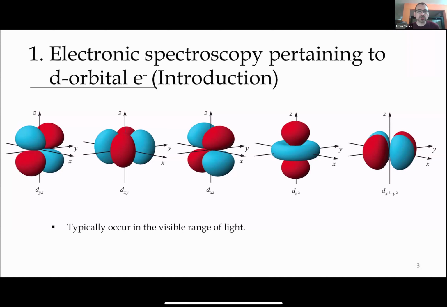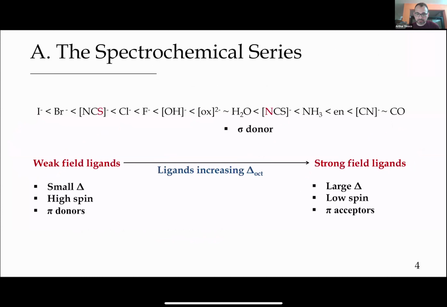And so when we focus on excitations of electrons from a lower energy d orbital to a higher energy d orbital, these type of transitions tend to be in the actual visible range of light. So this is something that we can perceive. And so here we're going to look at the influence of the spectrochemical series as I've defined previously.